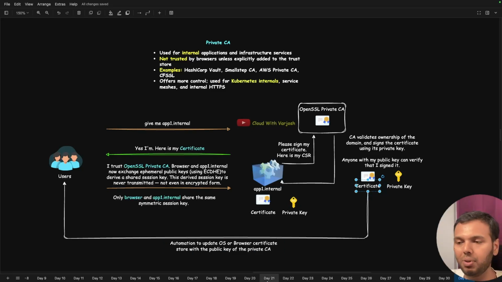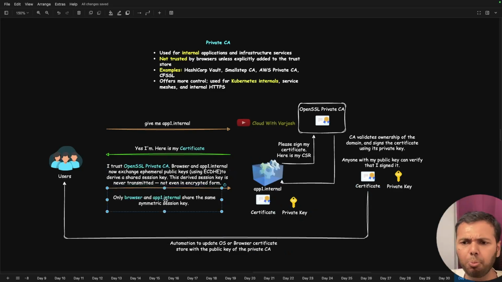For example, if you are in a Windows environment, then you can use group policy to upload all these certificates onto the trusted stores of both your OS and browser. If you are on macOS, then you can use MDM. With Linux, there is a location where all the public certificates are stored, and you can copy this certificate using a tool like Ansible, and then users can access app1.internal without getting any warnings.